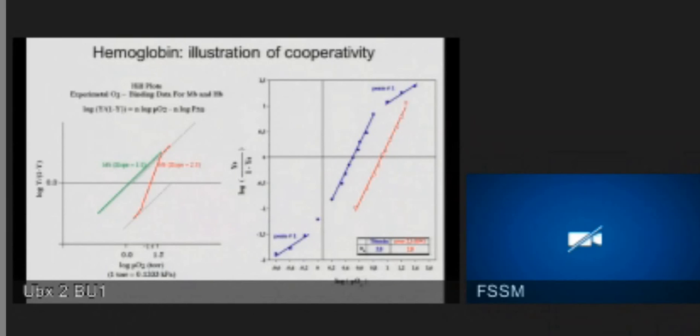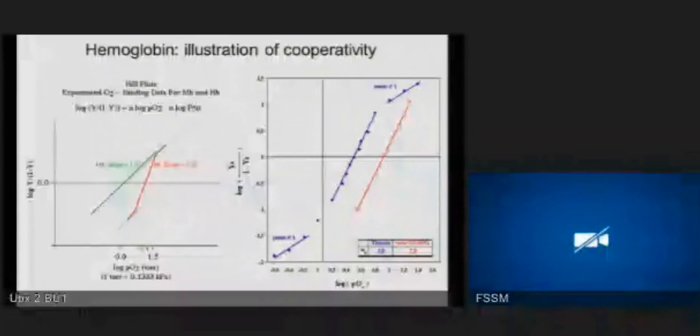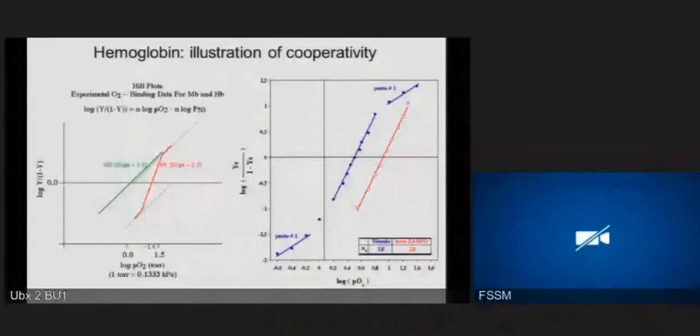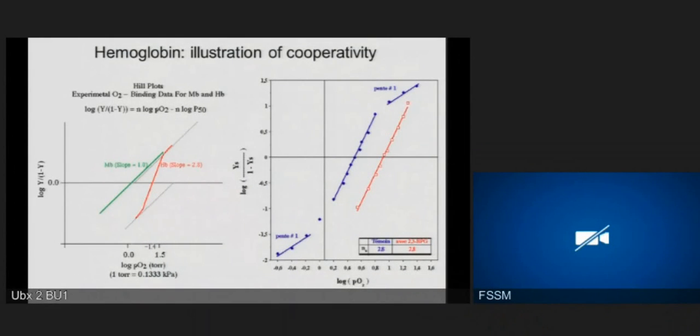So in the lung you have a high partial pressure of oxygen, while in peripheral tissue you have a low partial pressure of oxygen. And this is the difference between the two that allows for carrying oxygen at the level of the lung, and then distributing oxygen in the tissue, even far, far away.